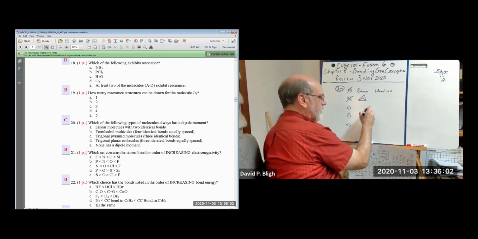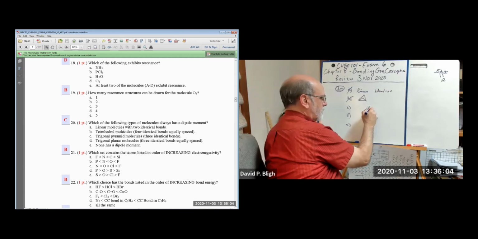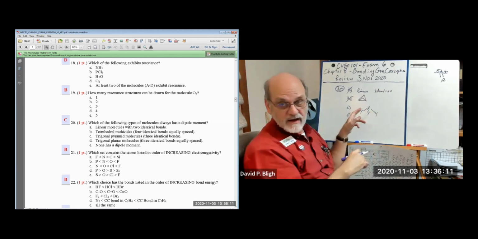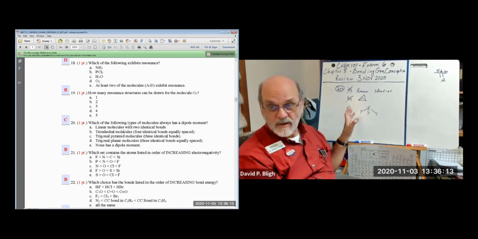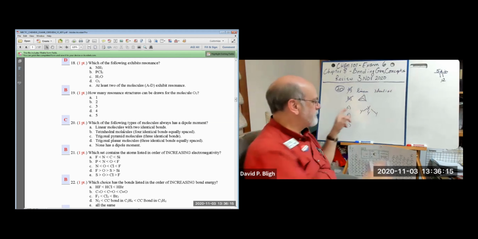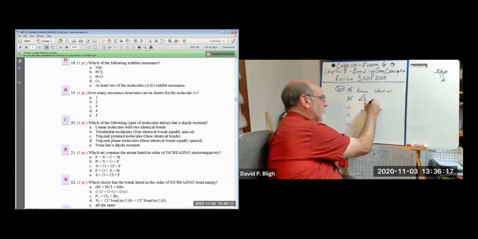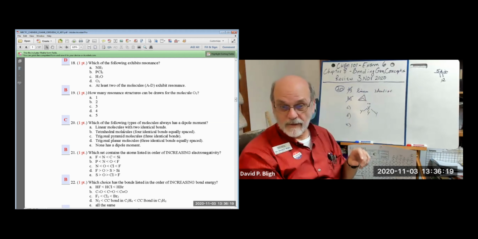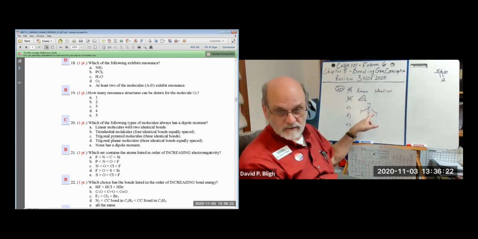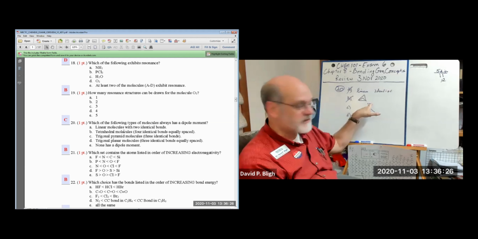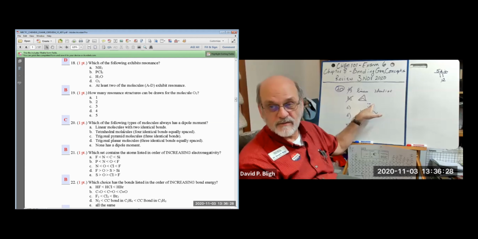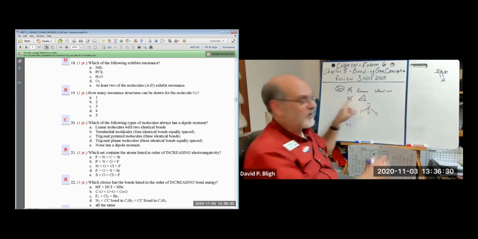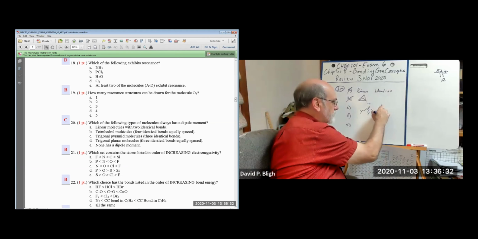If we have an X there, and we have those bonds there, that's how you get a trigonal pyramid, but you only get a trigonal pyramid if there's a lone pair up here. Okay, so these can all be identical, right? But this lone pair gives the molecule a net dipole in that direction.